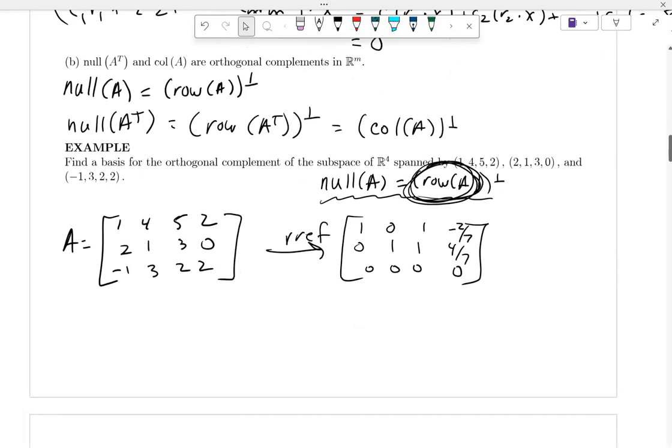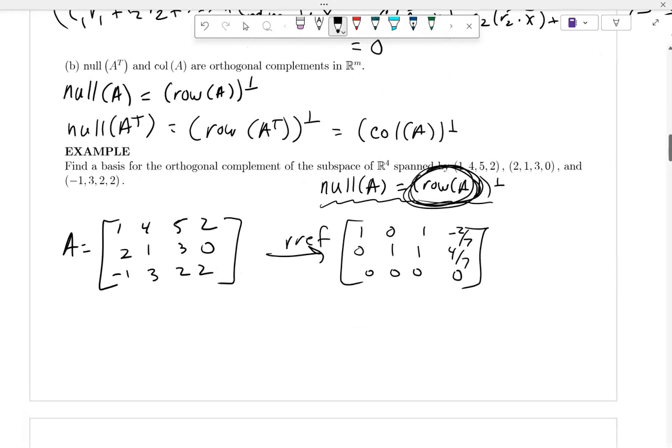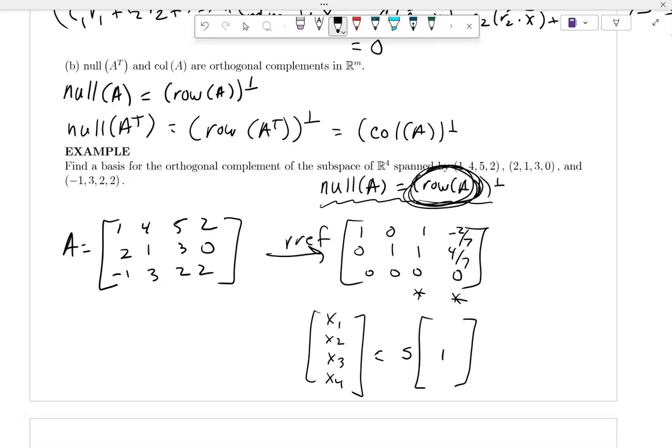So let's look at the basis of your null space. Your free variables would be those two, right? So if you had an x1, an x2, an x3, and an x4, I've got one free variable where the x3 goes, and I've got one free variable where the x4 goes.